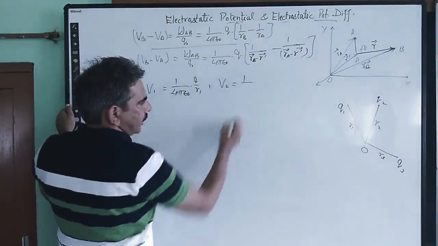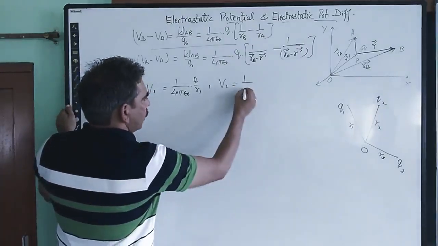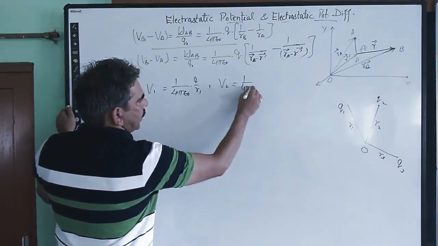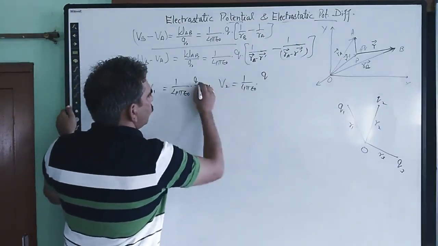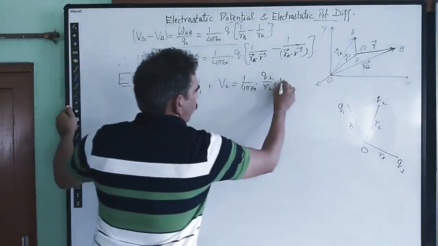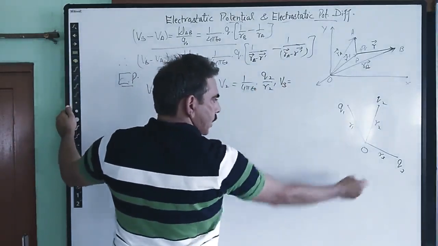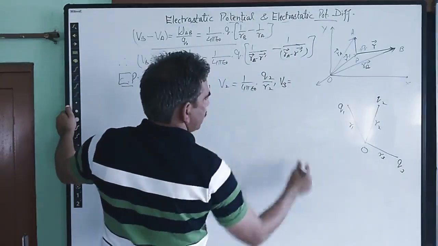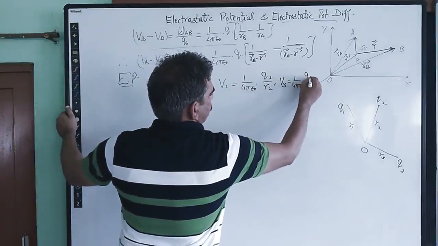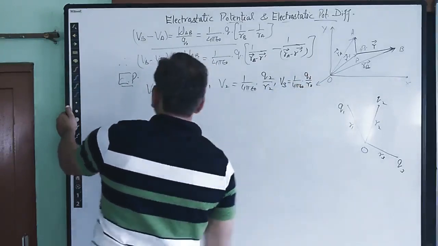So it is 1 upon 4 pi epsilon naught into Q2 upon R2. And similarly V3, because the same point is also under the electric field of this charge Q3, so it is 1 upon 4 pi epsilon naught into Q3 upon R3.